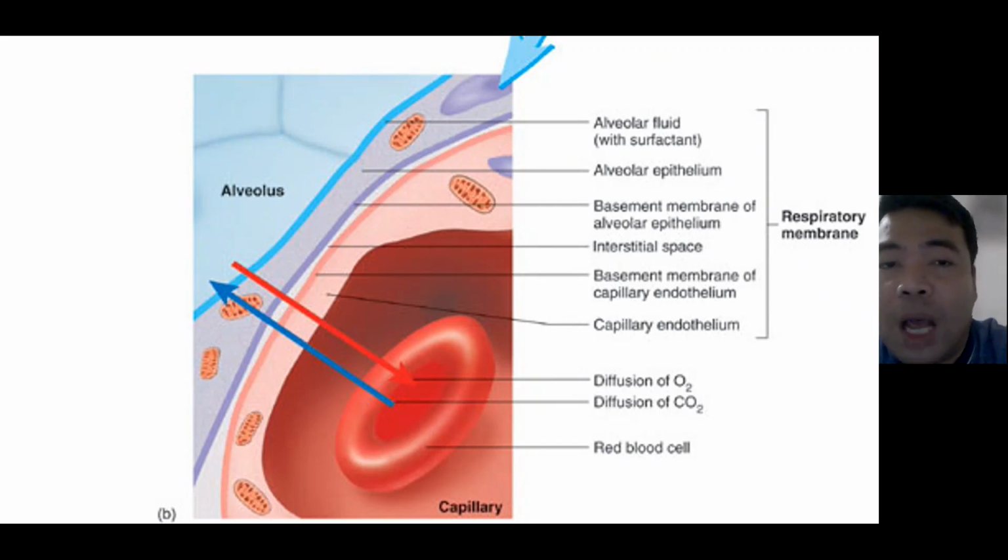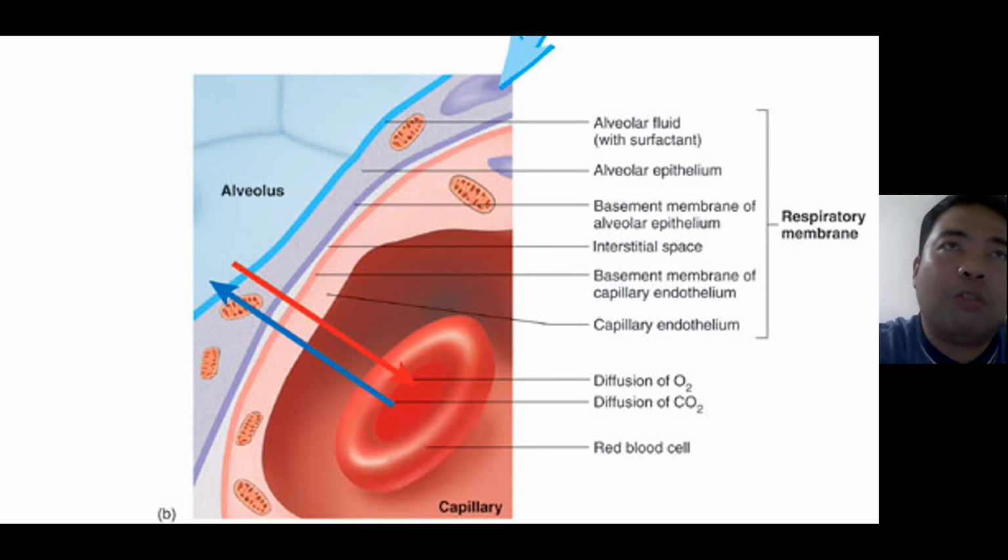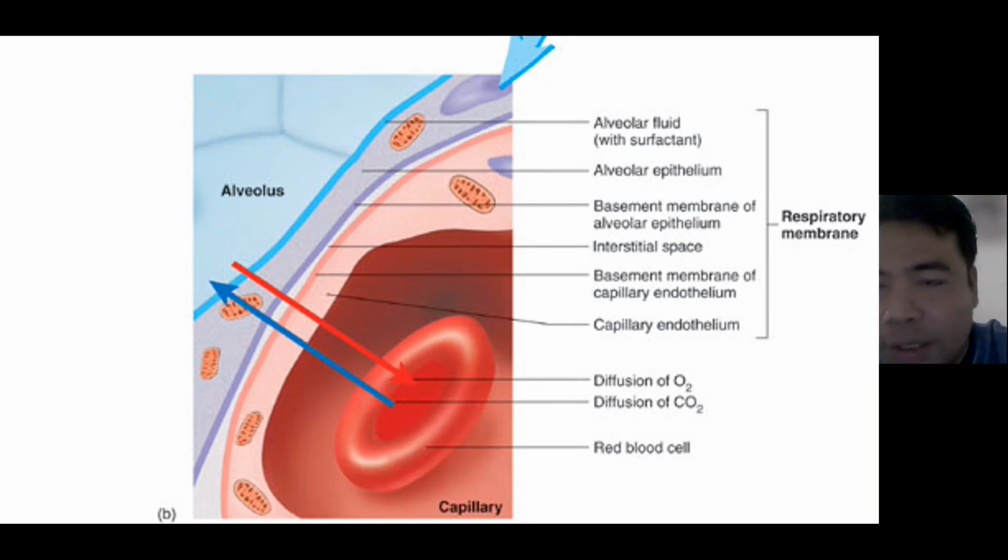Sa lungs natin, each of our alveolus do not collapse spontaneously because of the surfactant present in our alveolar fluids. Okay? Yung surfactant decreases the surface tension of the alveolus. So therefore, our lungs do not collapse.